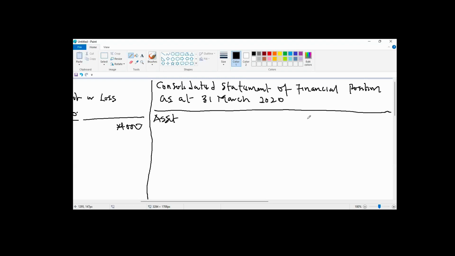Assets. Non-current assets. PPE. What is the PPE of the parent? 150, plus the subsidiary, 200.